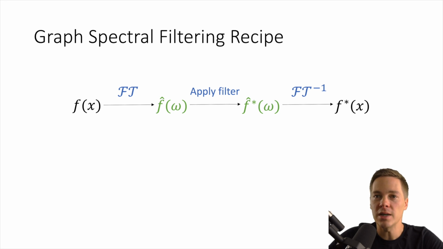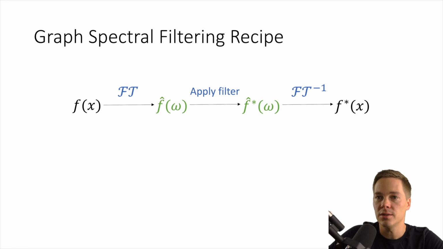If you recall, our recipe for doing a spectral filter was that we took our signal, which was defined in some original domain, whether it's space or time, or in our case, a signal on nodes in a graph, and we take the Fourier transform of that signal so that it's expressed in this new basis of frequencies. It's just a different representation of the same information.